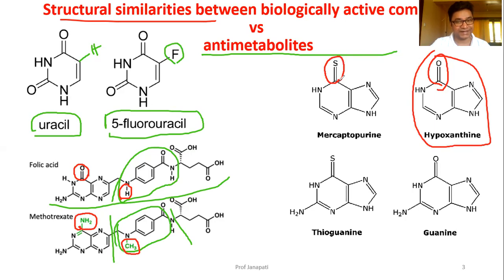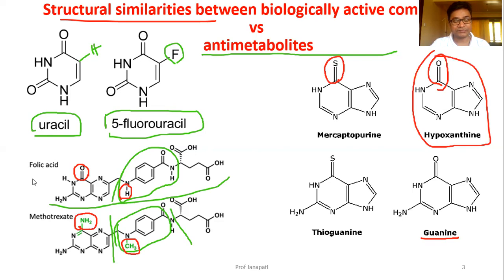Sulfur is attached, similar to oxygen's double bond. Then it is called mercaptopurine. Here there is the natural guanine molecule, and thioguanine.